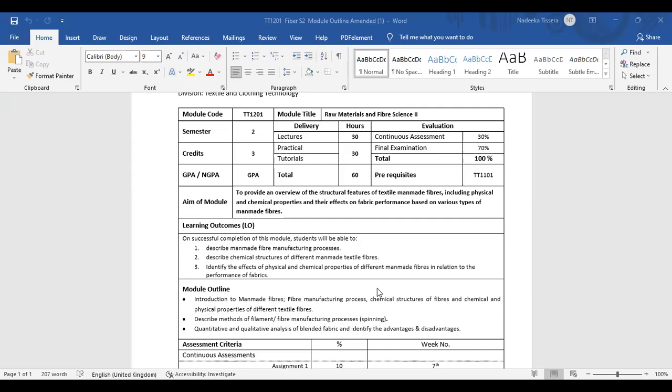If you have a close look at the chemical structures of those polymers, you can clearly identify there's a huge difference between them. So depending on the chemical structure or the chemical functional groups available in the fibers, you have different properties.